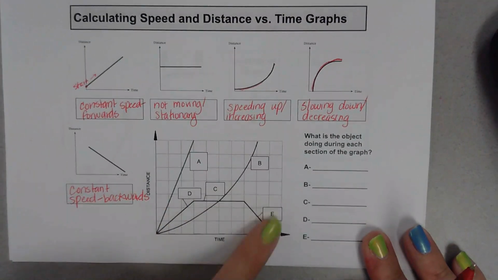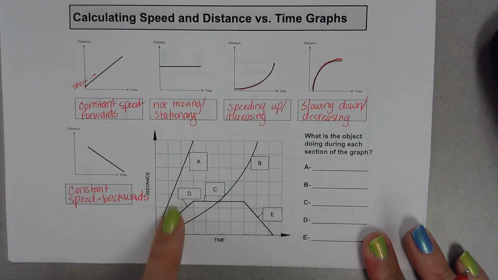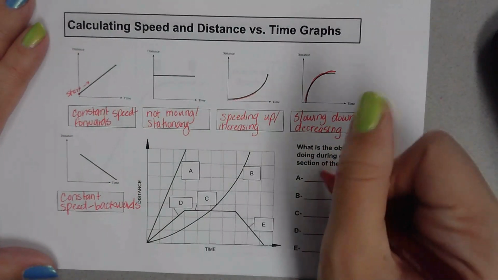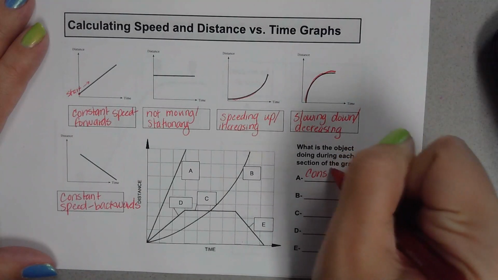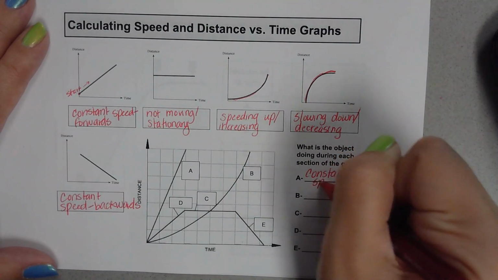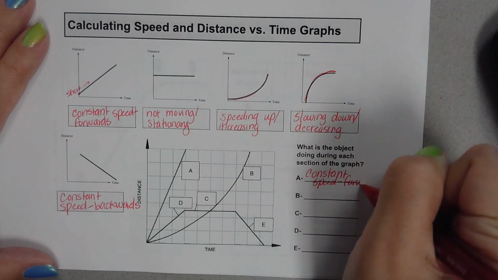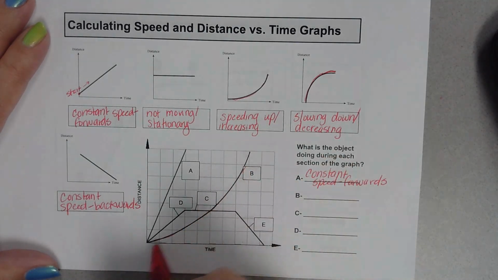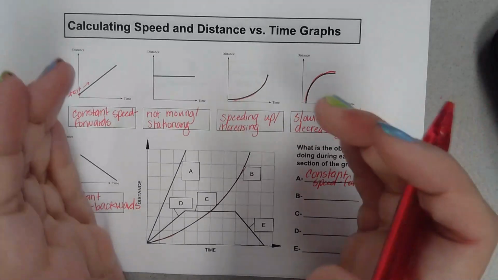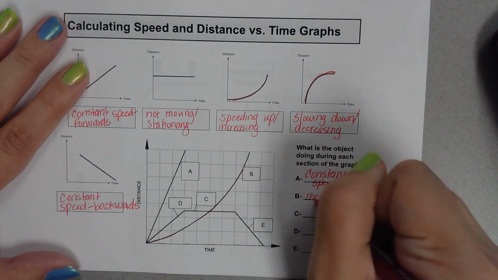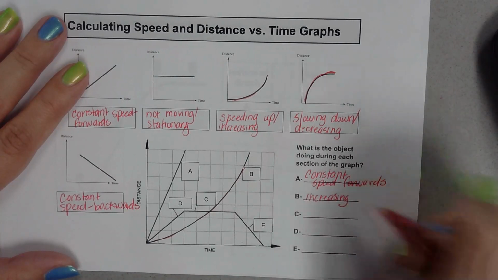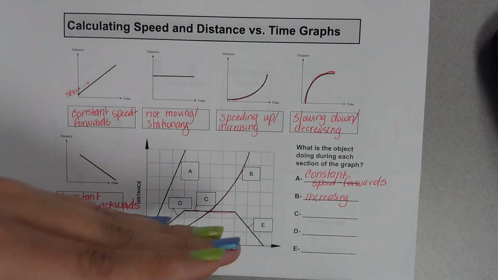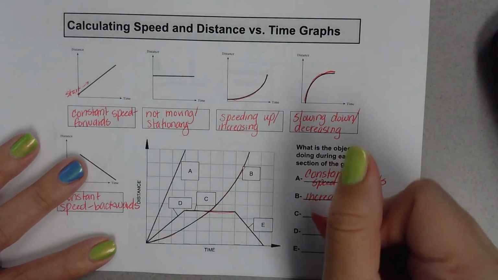So looking at this graph here, A is referring to this line. So we see that it's a straight line, so it's constant speed forwards. B is half of a U going upwards, so that's increasing speed. C is a flat line with no slope, so that's not moving.